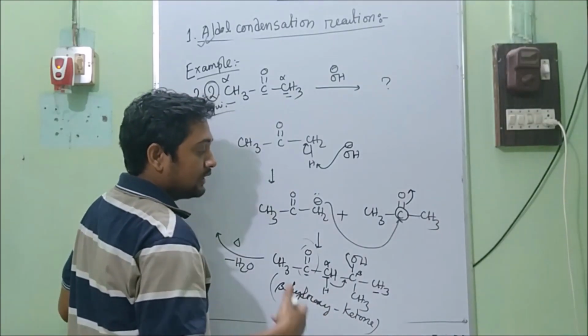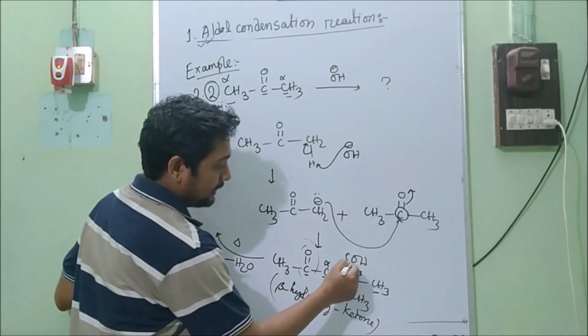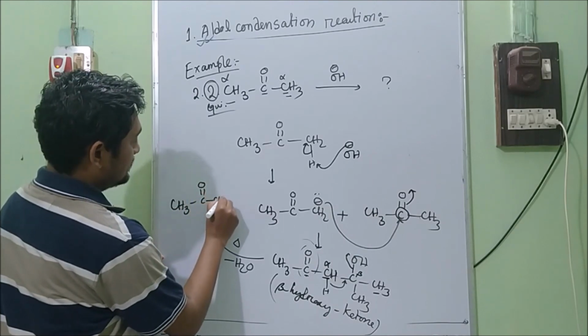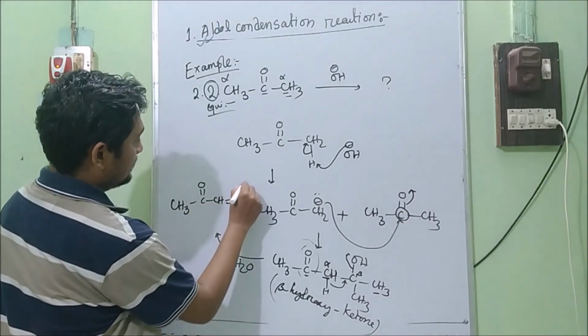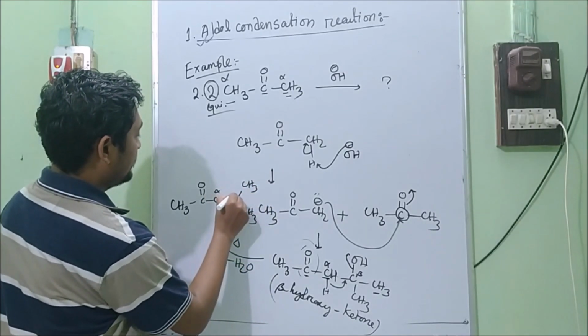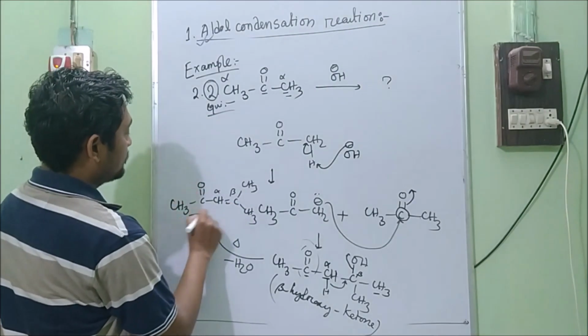So according to Saytzeff's rule, a more substituted alkene is more stable. That's why if we eliminate water from here, our product will be CH double bond C CH3 CH3, with the double bond between alpha and beta. So it is an alpha beta unsaturated ketone compound.